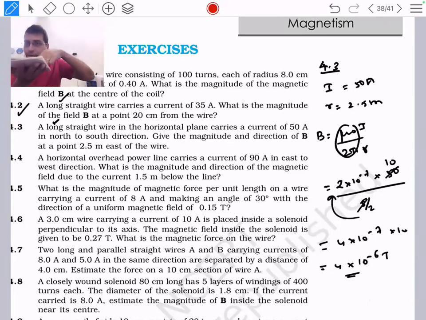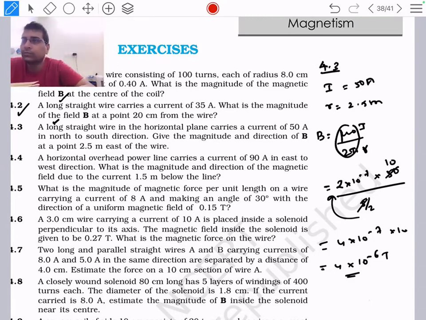Current is from north to south direction, and there is a point B which is at a distance of 2.5 meter in the east. Means if you hold a book in your hand, the current is towards you, and the point is at a distance of 2.5 meters on the right of the current carrying wire. So how to find the direction?